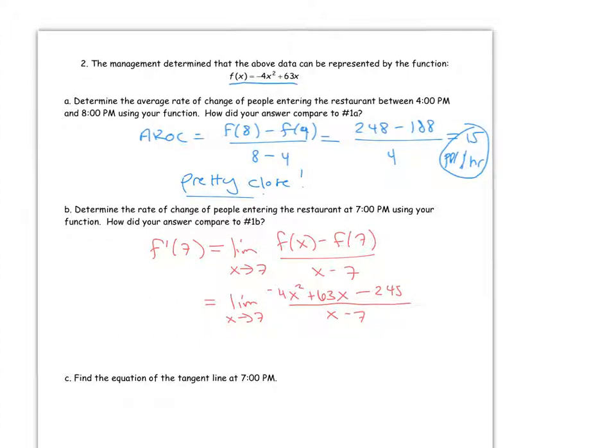Now, one thing I should point out, and I should have pointed out when I did the other video, is that this numerator is guaranteed to factor, and it's also guaranteed to factor with a factor of x minus 7. So that is good news, because you don't have to really think a whole lot, in the sense that I know x minus 7 is a factor here. Okay, so the other factor must be negative 4x, and let's just see if I can figure this out quickly.